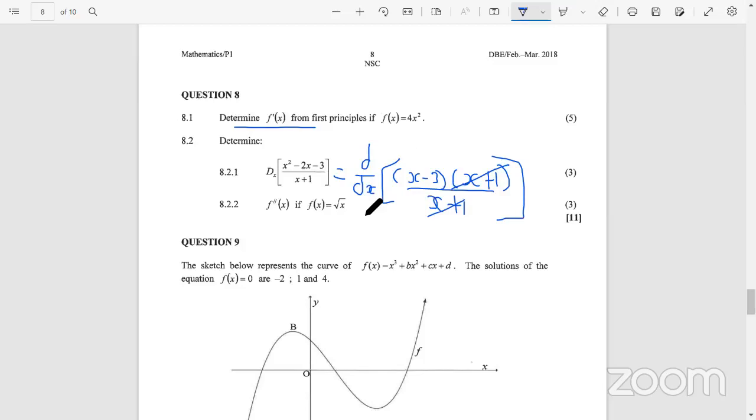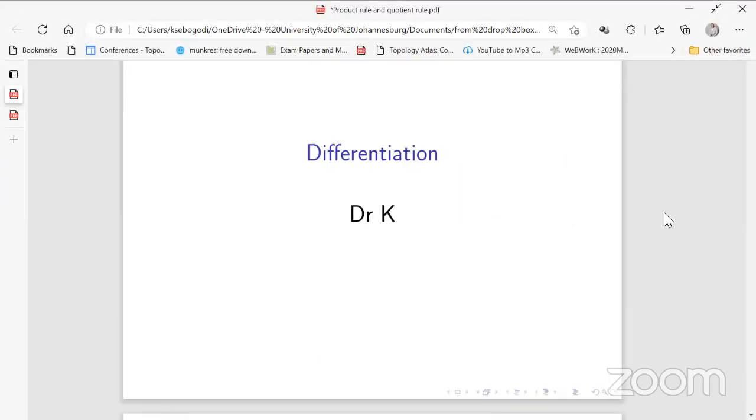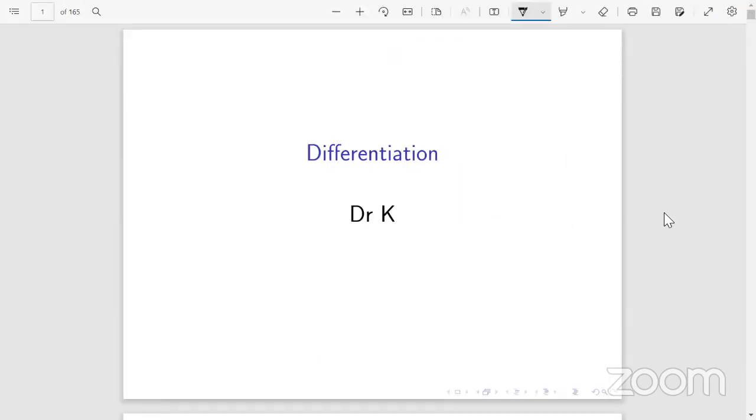So basically the kind of examples or exercises that you guys would do most of the time were those introductory, easy examples. So now I want to look at the concept of differentiation and try to expand on that.